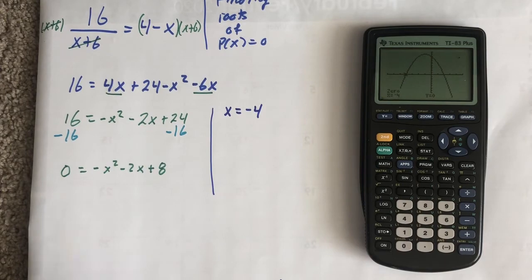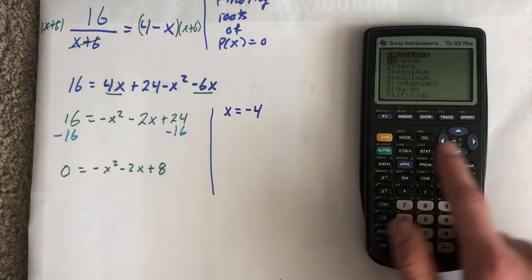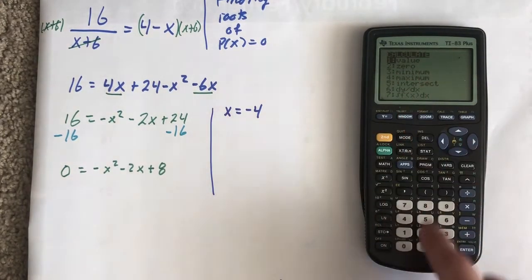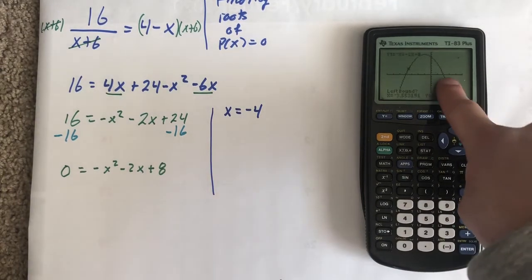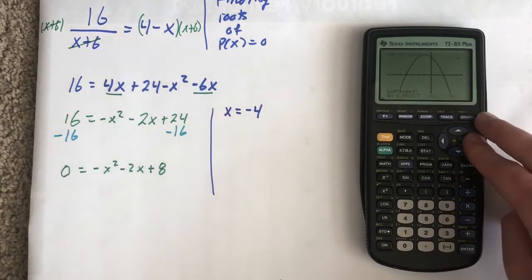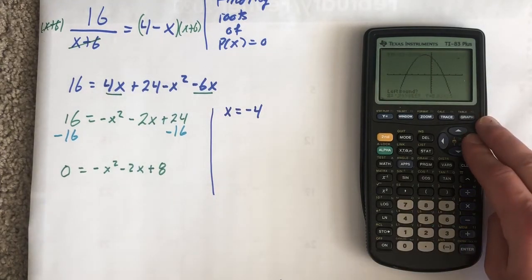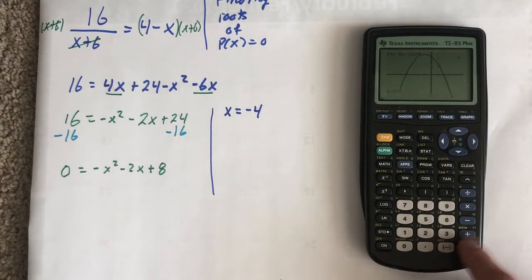Now my next thing to do is find this x-intercept. So to do that, second, calculate. I'm going to press 2 to go to 0. And now it's asking me for the left bound of the x-intercept I'm focusing on. I'm focusing on the right x-intercept. So I'm going to bring my cursor onto the right side of my x-intercept and press enter.